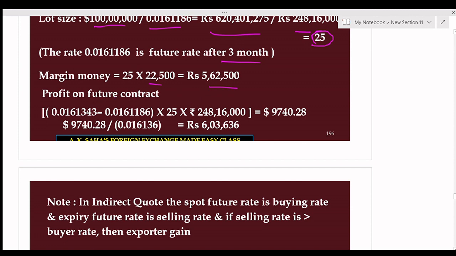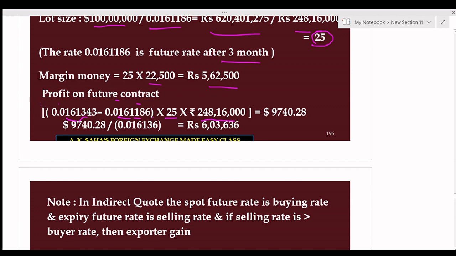Now, profit on the future contract. This is 0.016133, the expiry date future rate, minus 0.016186, the spot future rate, multiplied with 25 lots and the contract size. It is given in rupees because the unit of this rate is dollar per rupee.